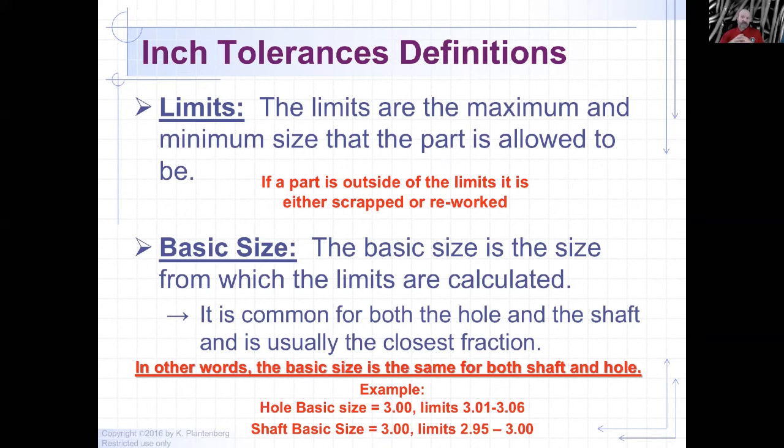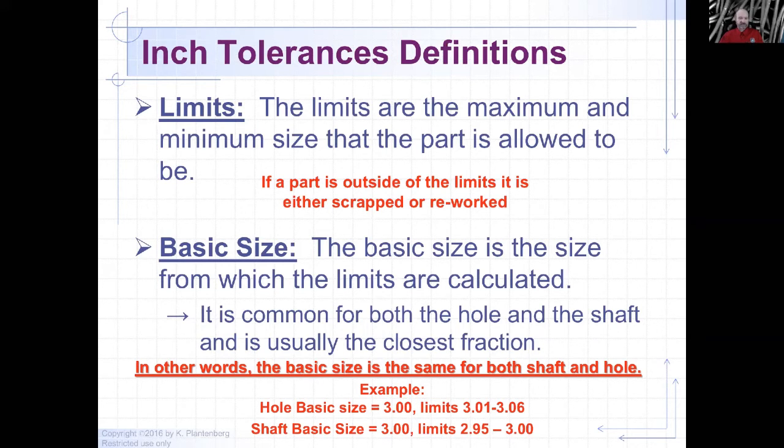So if the shaft is too big, you can put it back on the lathe and take off a little bit of material, right? But if it's too small, well, you can't make it bigger. It's really hard to do that. Okay, so usually if a part is outside the limits, it's either scrapped, which means you lose money, or it's reworked, right, to get it within tolerance, but then again, you lose money.